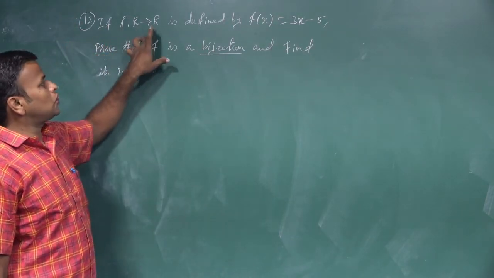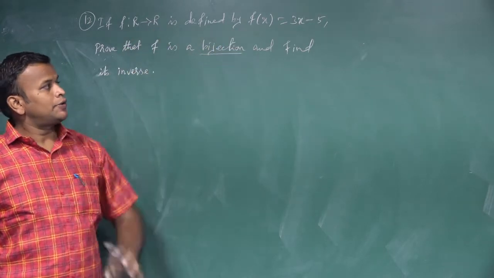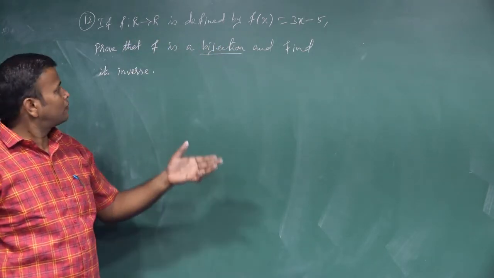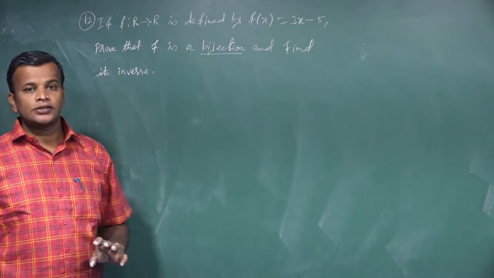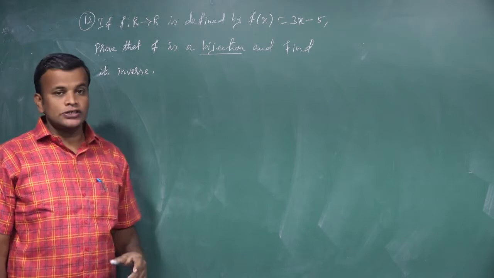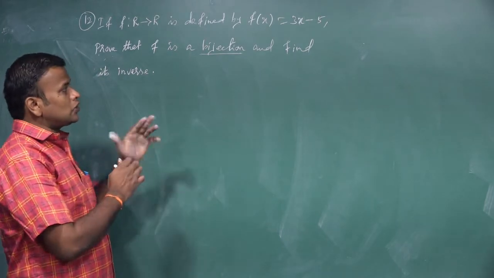If f is a function from R to R defined by f of x is equal to 3x minus 5, prove that f is a bijection and find its inverse. We already saw the word bijection, but here now we introduce a new one.